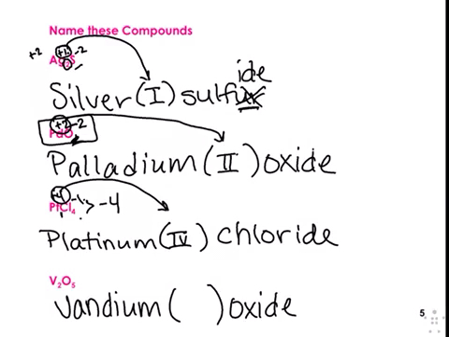Okay, what's the normal charge on one oxide ion? Negative 2. So that gives us a negative charge of negative 10. So we need vanadium to have a positive 10 charge. So what charge would be on a single vanadium? 5. So the 5 is what gets written here.